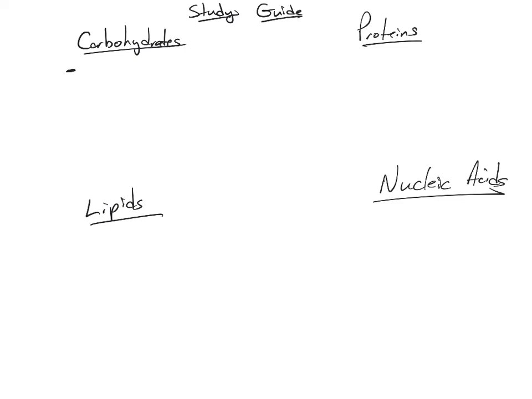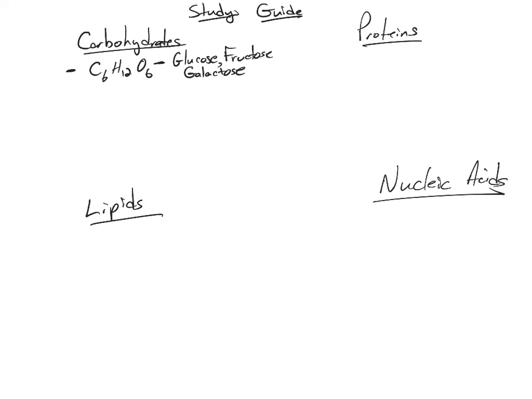With carbohydrates, you're talking about anything that ends with -ose. The -oses that we talked about a lot were C6H12O6. And that, if you remember, was either glucose, fructose, or galactose.